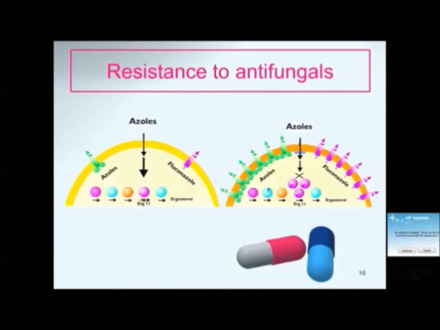For example, the enzyme which is involved in ergosterol synthesis to which the drugs bind has a slight conformation change, so that the drugs no longer have that same inhibitory effect on the ergosterol synthesis. And there can be many more of those efflux pumps put into the membrane, so a much greater number of efflux pumps, which means that they can get rid of the drug much faster, and it would be much more difficult to ever achieve an effective concentration of antifungal drug in the fungal cell anymore.